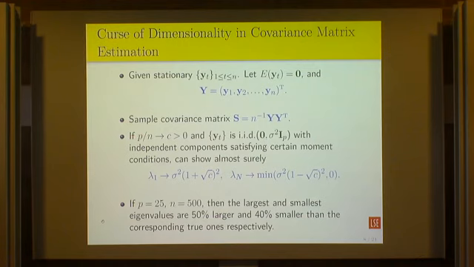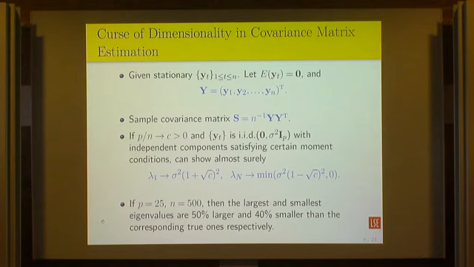So you can see if p over n is very close to 0, then the largest and smallest are still pretty much close to sigma squared. But as p over n goes to c, which is different from 0, then lambda 1 and lambda n are going to be different from sigma square by some margin. What is this margin?